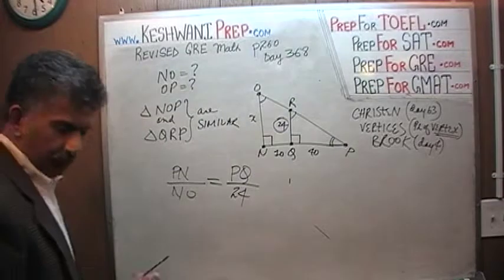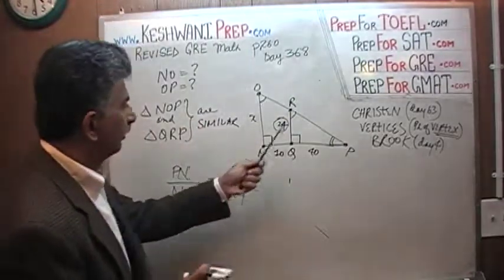Oh, I didn't mean to put down 24. I meant to put down Q to R.